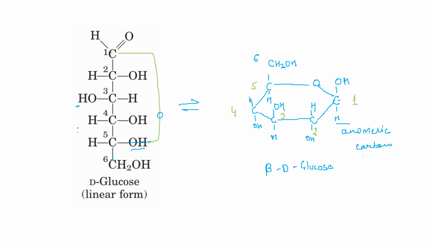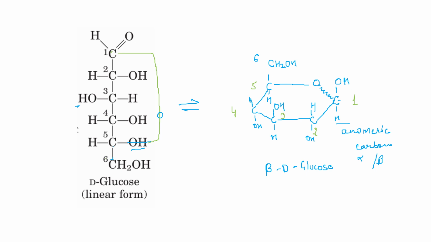It can attain a configuration of alpha or beta by breaking of this bond. That's why this bond is often represented by a wavy line, because it can break and reform, and the configuration of C1 can be converted from alpha to beta.